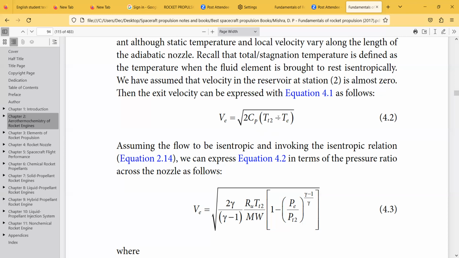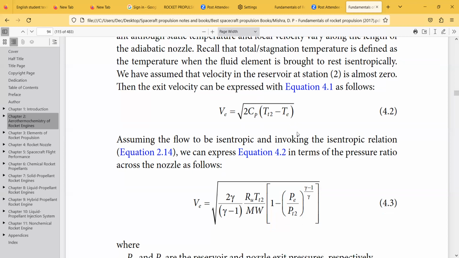Now we can relate the temperature at 2 and the temperature at exit in relation with gamma, the ratio of specific heats.